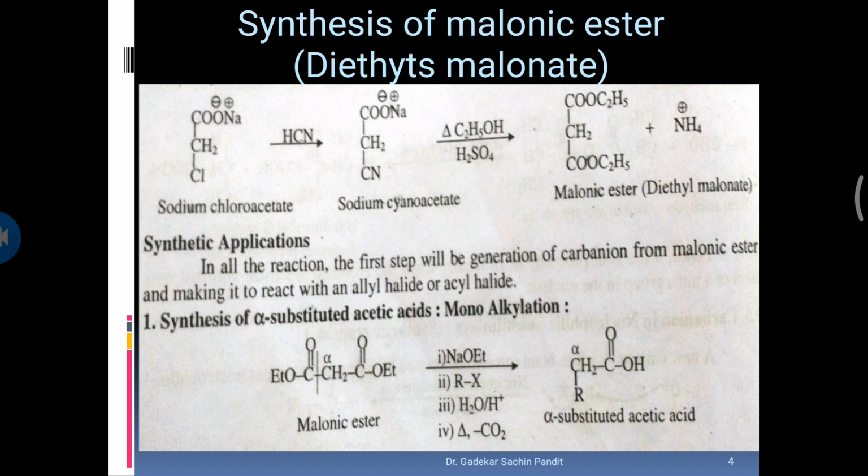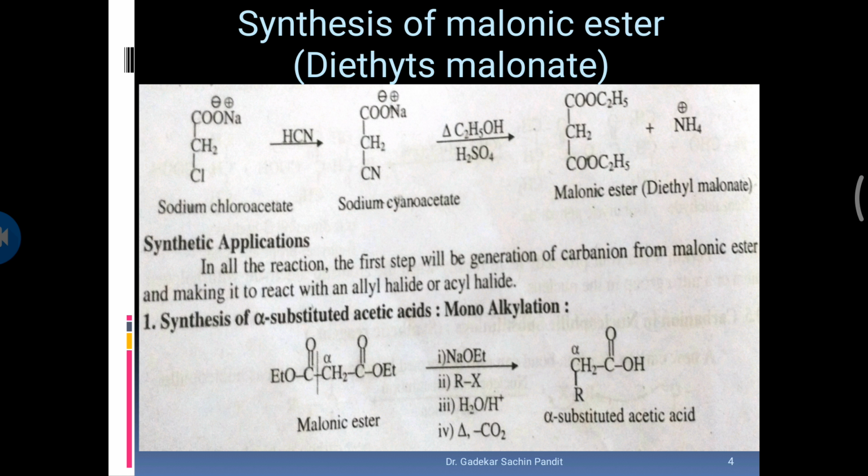Sodium chloroacetate reacts with hydrogen cyanide or cyanide to form sodium cyanoacetate, and this sodium cyanoacetate reacts with H2SO4 in the presence of ethanol as solvent, then heat, to form malonic ester, diethyl malonate.